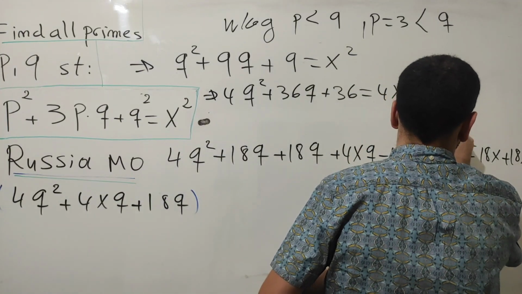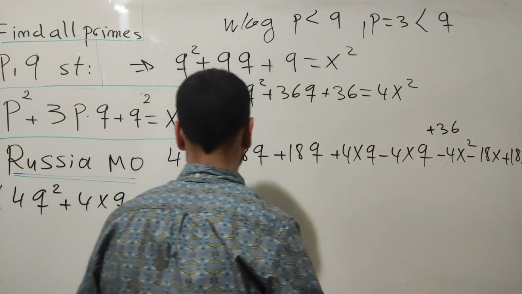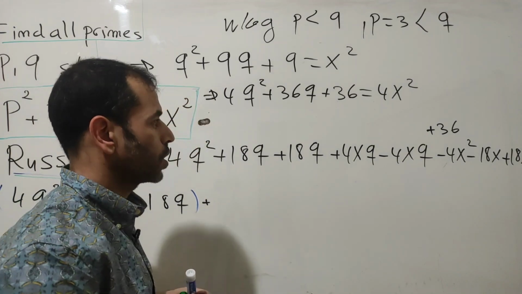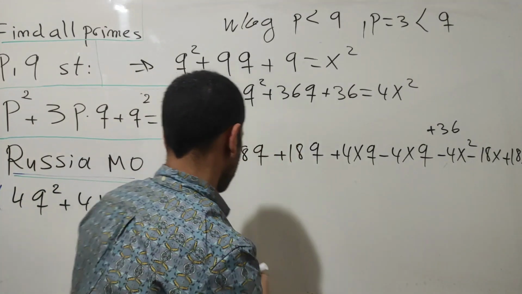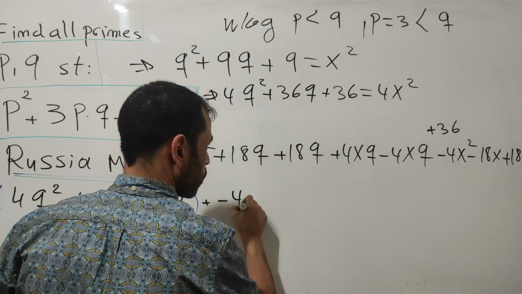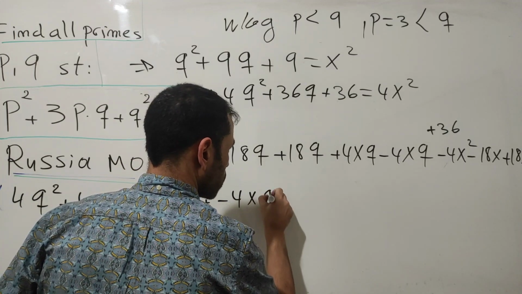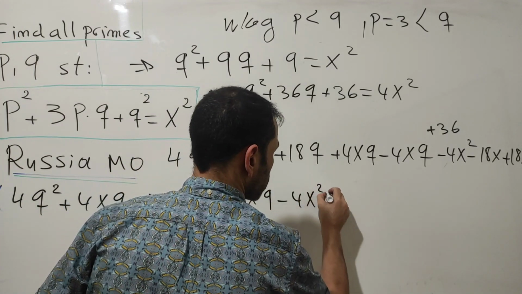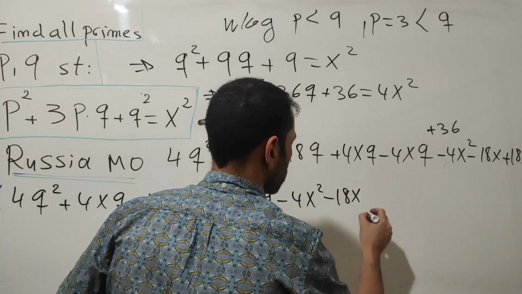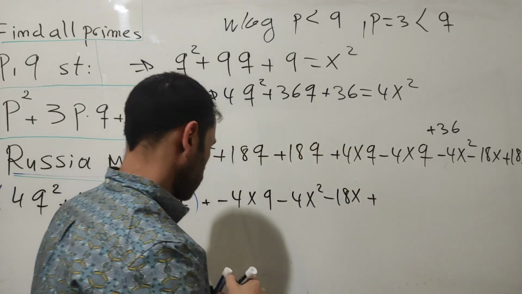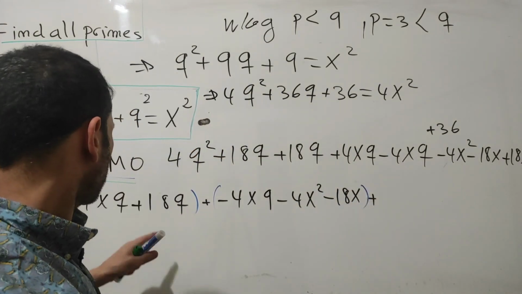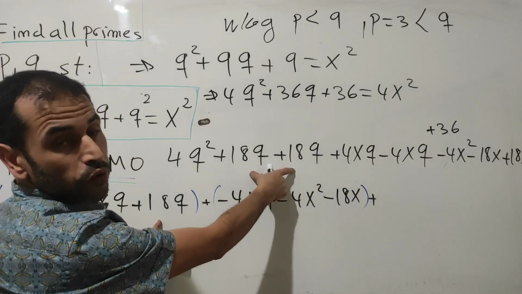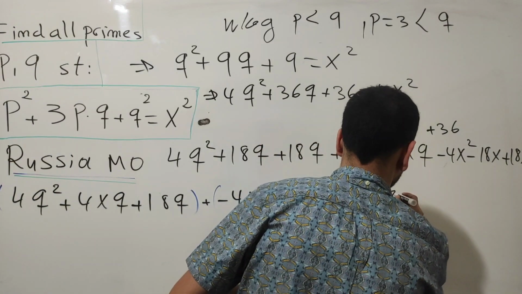Then we are going to collect the terms which have the minus sign here. So we get minus 4xq minus 4x squared minus 18x, plus the rest. For the rest, I will have one of the 18q, because we have 2 of them here.